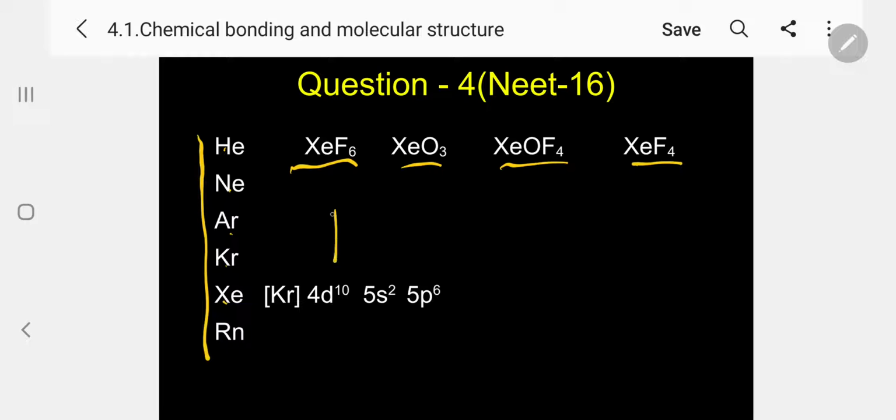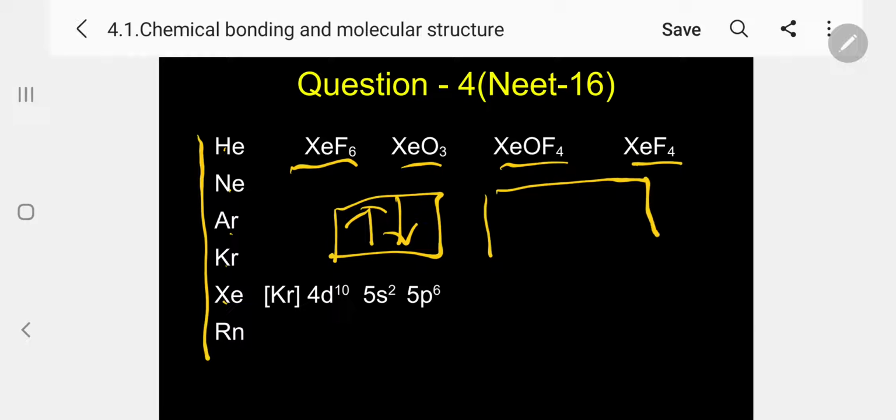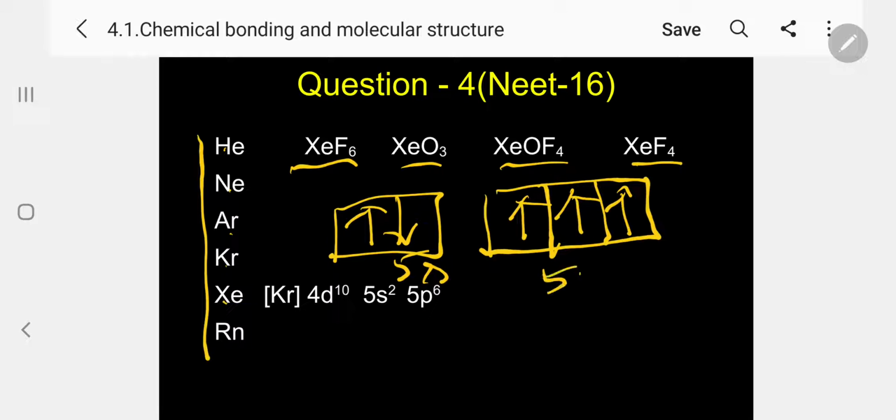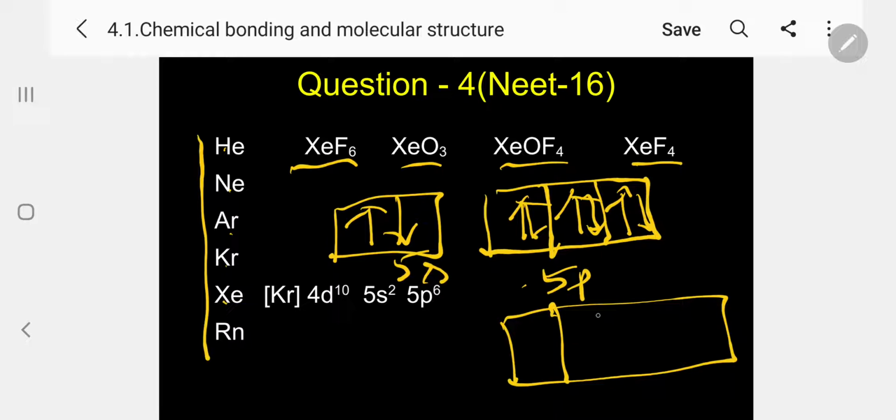So we have the 5s, 5p and 5d orbitals. Kindly follow. This is common for all of these. This is the ground state of all the cases.